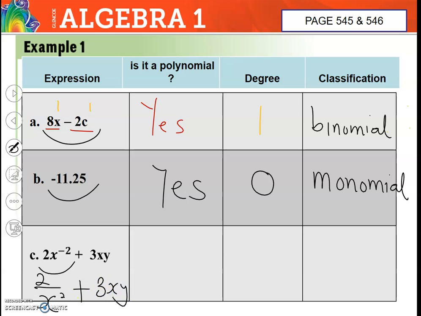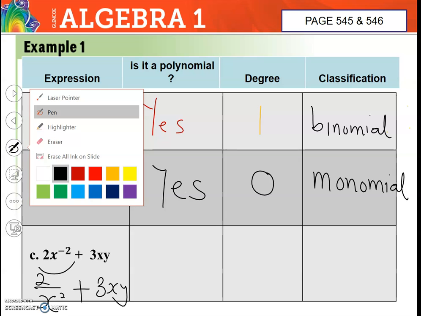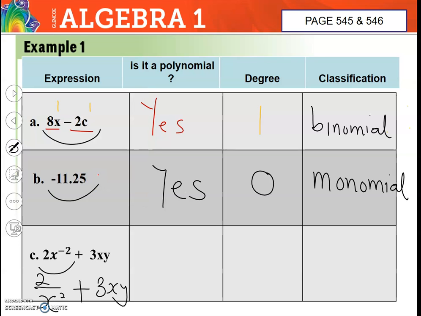The moment we have an expression having a quotient where the divisor is a variable, it is not a polynomial.